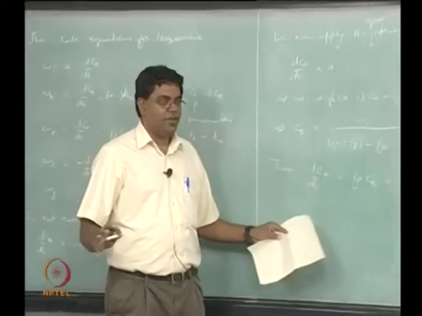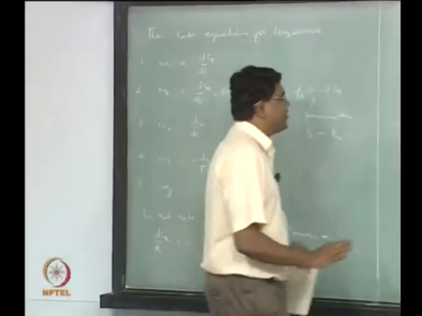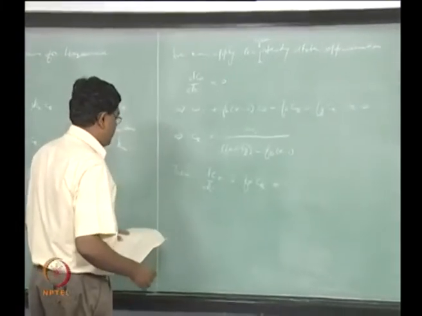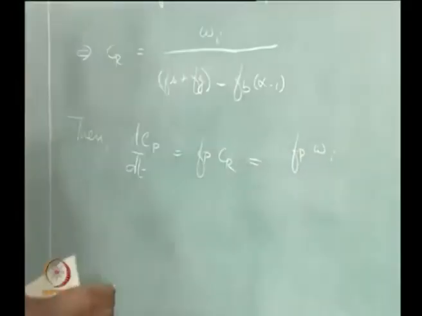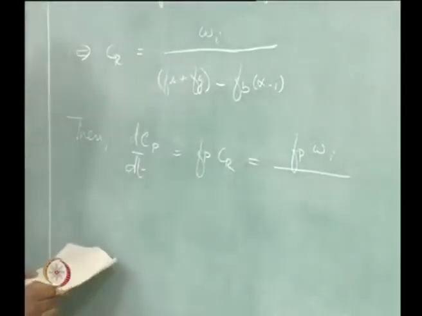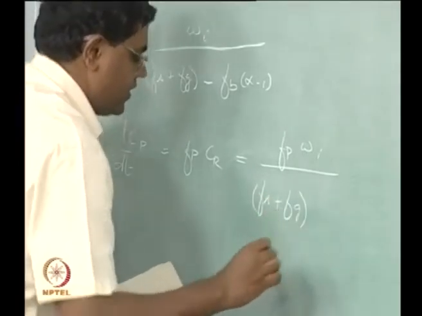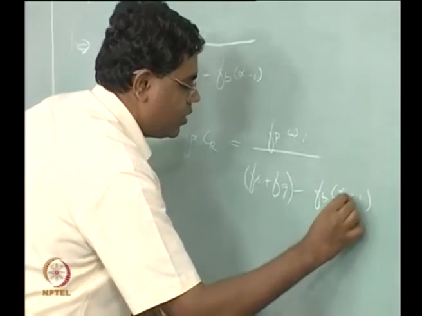Your advisors are not going to like you when you get them. So you want to have a positive quantity there. Okay, so Fp Cr then is Fp omega I divided by Fs plus Fg minus Fb times (alpha minus 1).